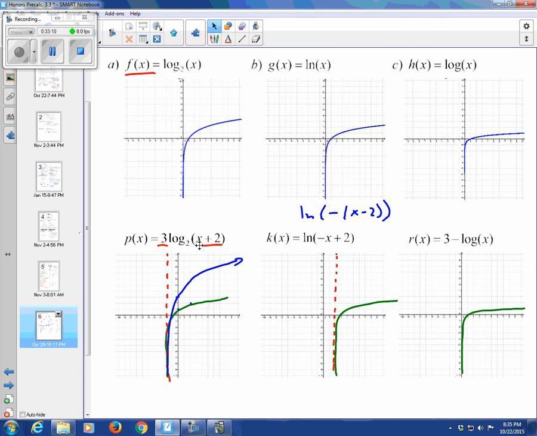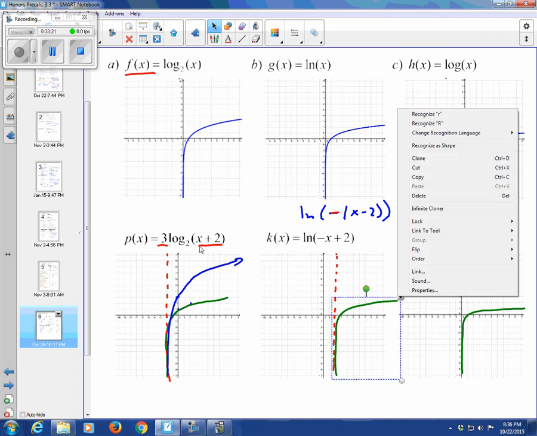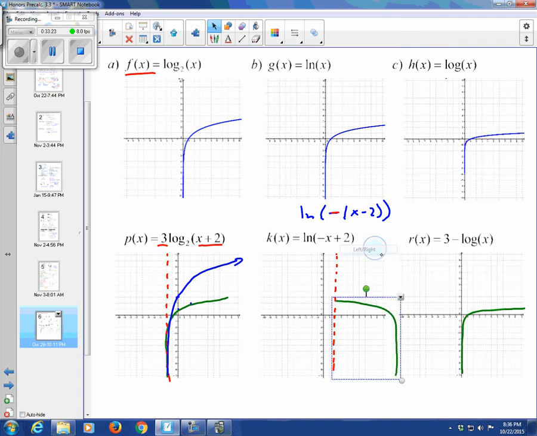And then from that negative, we can consider this a reflection across that vertical asymptote of x equals positive 2. So I'm going to flip this guy from left to right. And that's going to give us a graph that looks something like this. So that would be the graph of our natural log of negative x plus 2. You can go ahead and type it into the calculator and check.